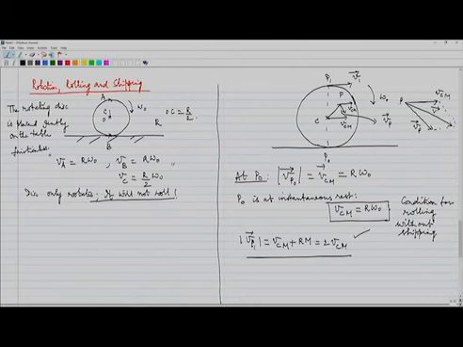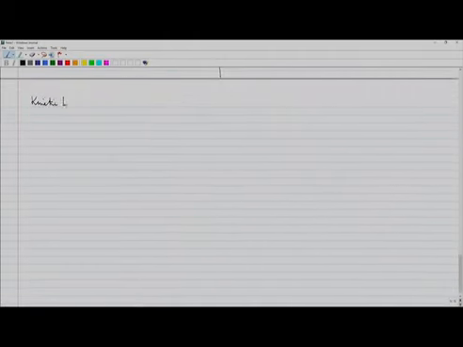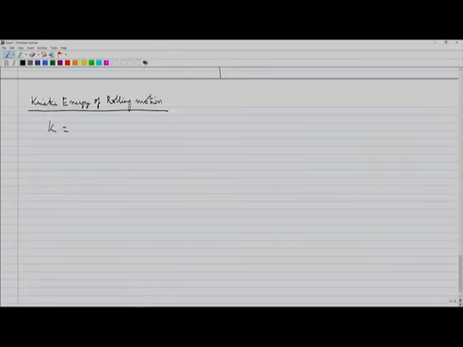Now, we will derive an expression for the kinetic energy of a rolling motion. So, kinetic energy of rolling motion, K, is equal to: remember, a rolling body has kinetic energy of translation plus kinetic energy of rotation.